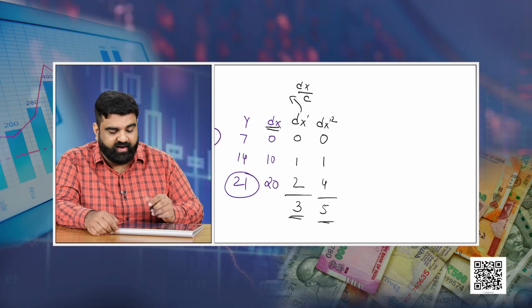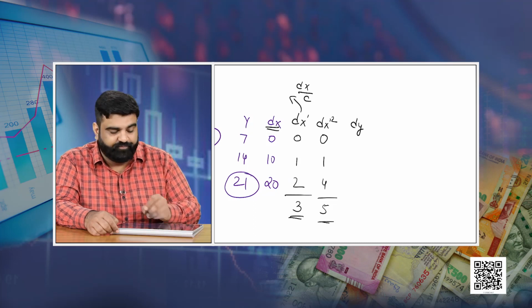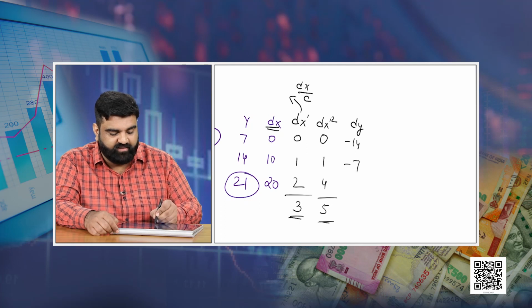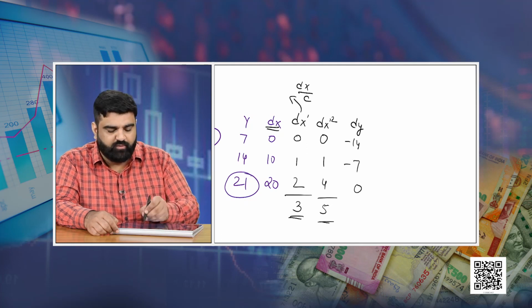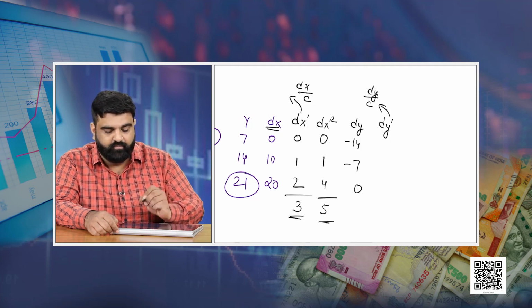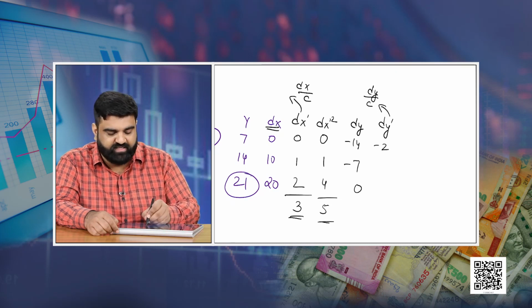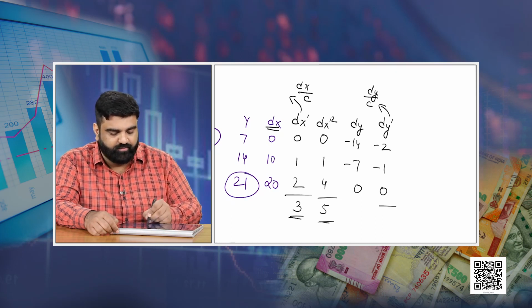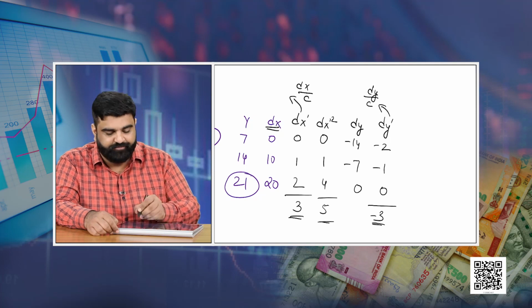Moving ahead, we have y. We need to calculate dy, which will be minus 14, minus 7 and 0. Now, let us pull out a common factor 7 from this series. So, we have dy by c, which is 7: minus 2, minus 1 and 0. The total is minus 3.